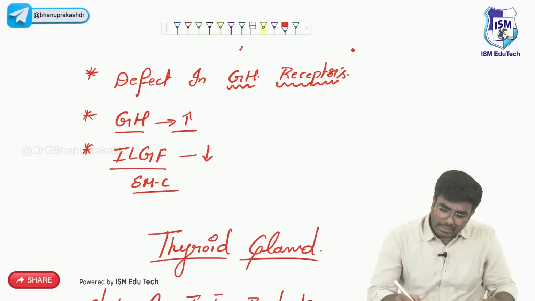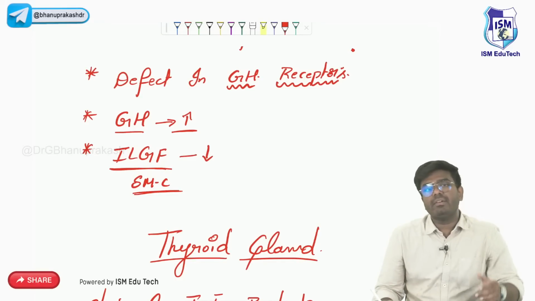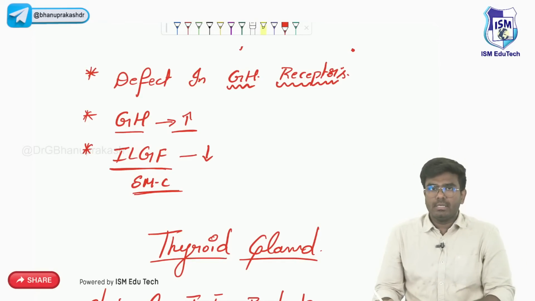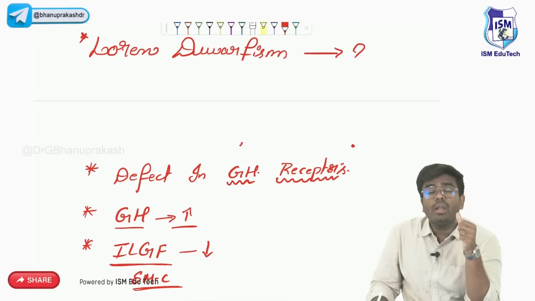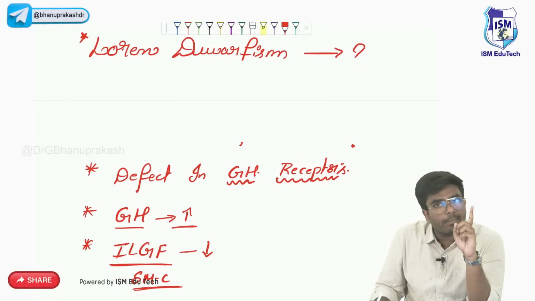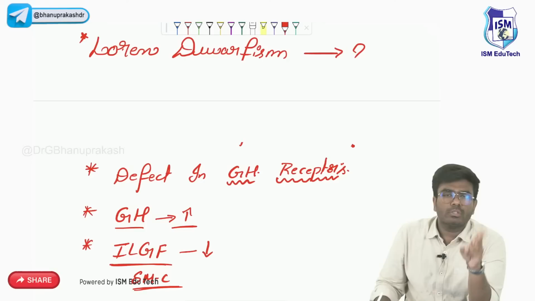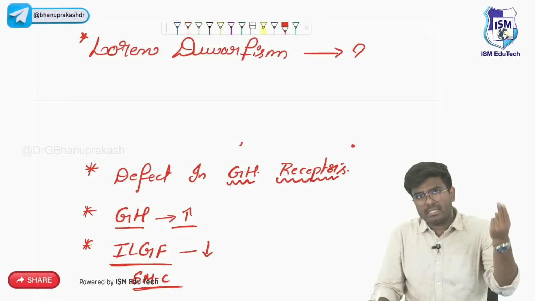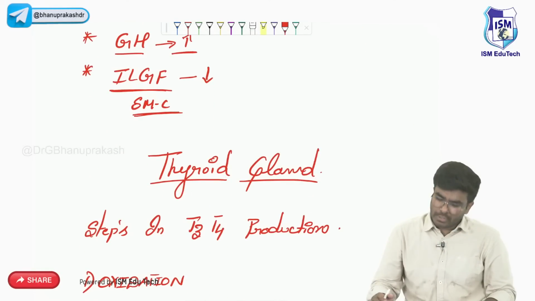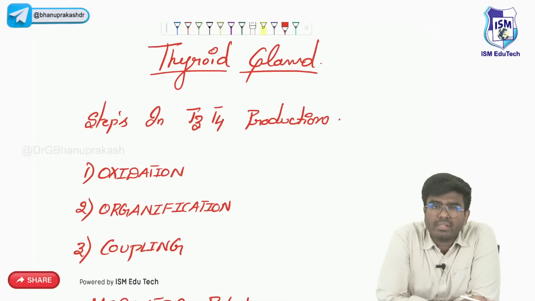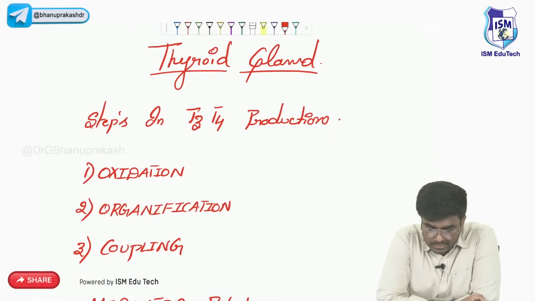So automatically IGF and somatomedin C levels are going to be decreased. So in Laron dwarfism, the growth hormone receptors are defective. Second thing, growth hormone levels are normal or even increased, but IGF or somatomedin C levels are decreased. Okay, done.